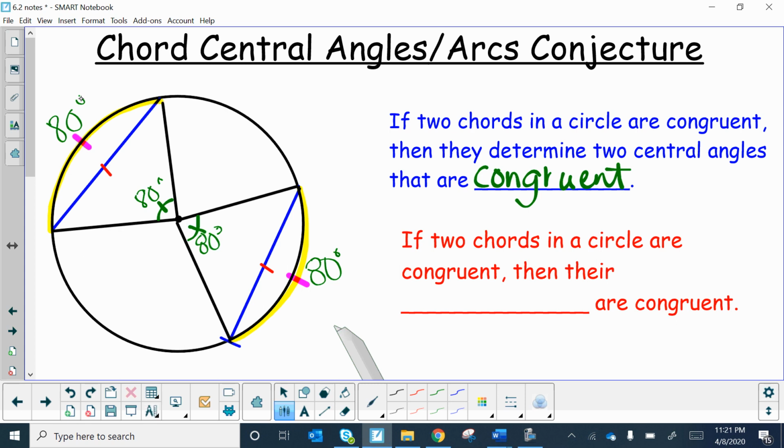So if two chords in a circle are congruent, then their intercepted arcs are congruent as well. If you have these marks on here, this would hopefully help you memorize that. Remember, if the chords are congruent.